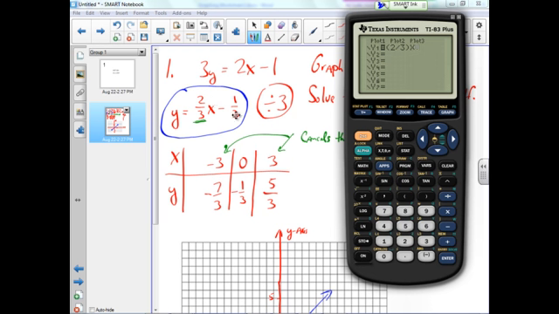Now, this minus here, it's not the leading minus, so we use this one right here. Minus. And again, I put this in parentheses just to make sure the calculator doesn't misinterpret what I wanted it to do. So the only thing I did there was I put in y equals 2/3 x minus 1/3.